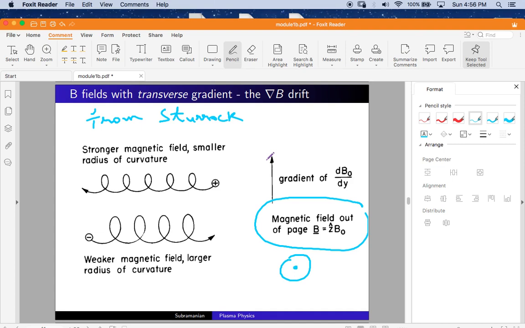The bottom line is, since the gradient is pointing this way, you have weaker magnetic fields at the bottom and stronger magnetic fields at the top. And because of stronger magnetic fields, you have a smaller radius of curvature, right? That follows from the equation for the Larmor radius.